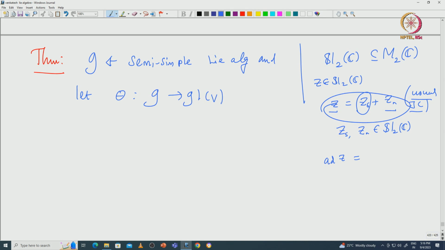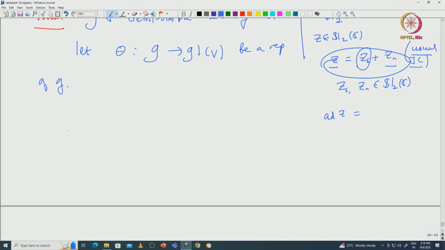So, this is a representation of G. So, now we have what is called the abstract Jordan decomposition for any element of G. So, for x in G, you can talk about xs plus xn, which is the abstract Jordan decomposition. So, what is this abstract Jordan decomposition? You look at ad x, then ad xs plus ad xn becomes the usual Jordan decomposition for ad x.